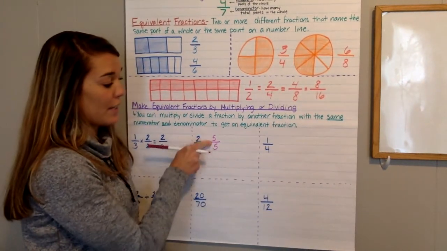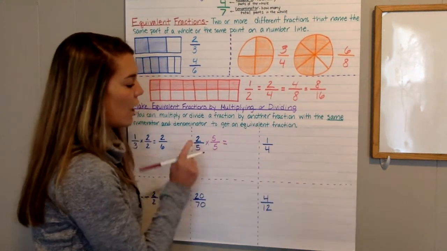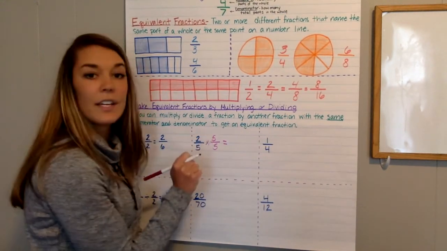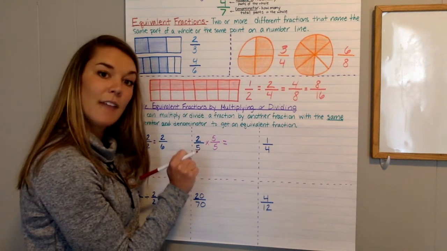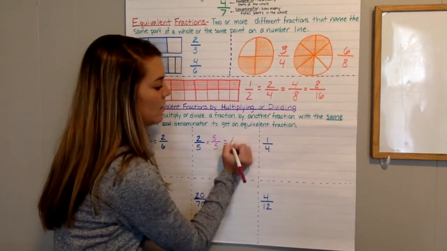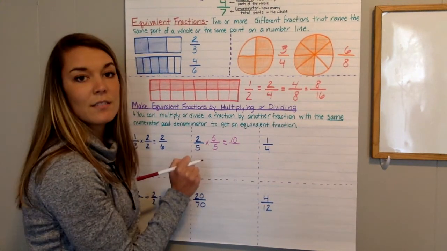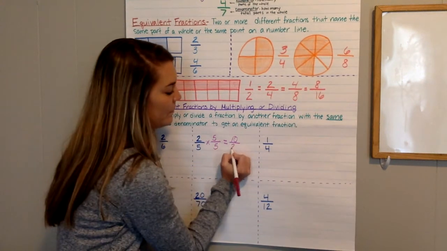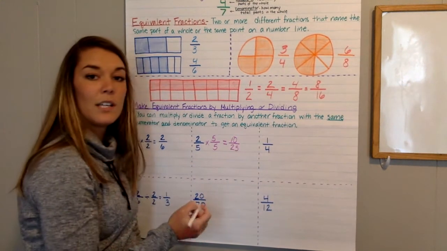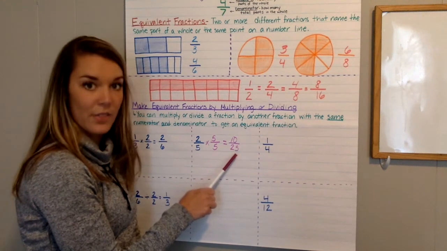So my numerator is the same as my denominator, right? So now I'm going to multiply across. 2 times 5 is 10. I would encourage you guys, if you know the answer, you can say it at home. 10 over 5 times 5 is 25. So here I'm saying that 2/10 is equivalent to 10/25.